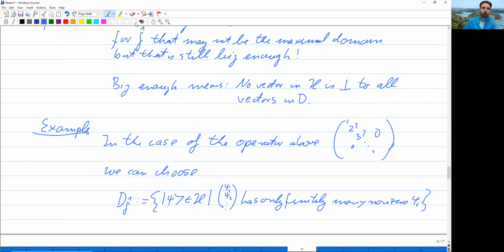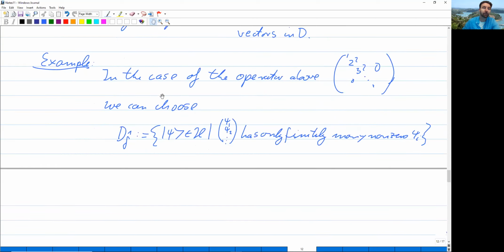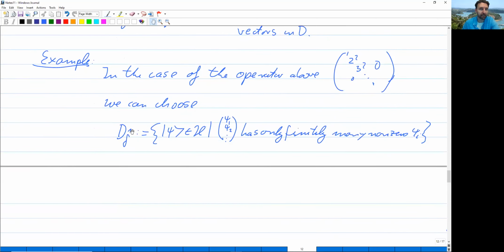Okay, so this means we define as the domain of our operator f hat all those vectors psi which in column representation in our basis of the Bn's are of the form numbers, but only finitely many are non-zero. So infinitely many zeros in there, but finitely many non-zero terms.